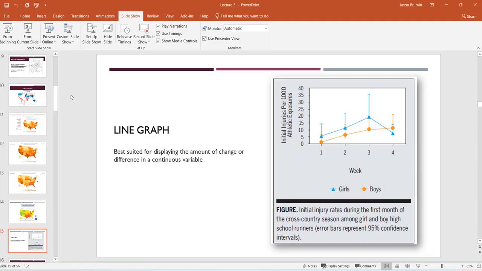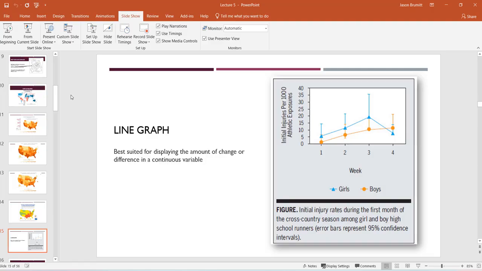Line graphs, very common. This is one from Mitchell Rao et al., one of his papers looking at people with their initial injuries during the season. So presenting initial injury rates during the first month of the cross-country season, and seeing where there are potentially more injuries occurring.